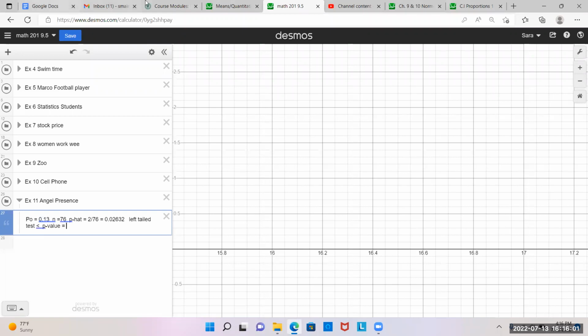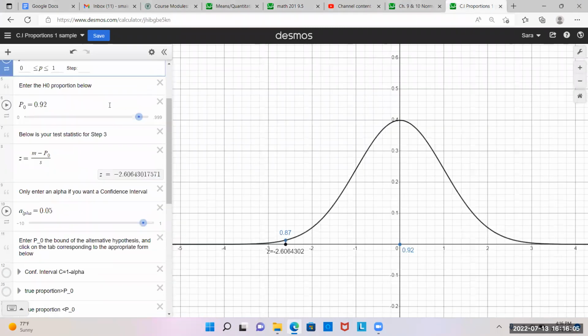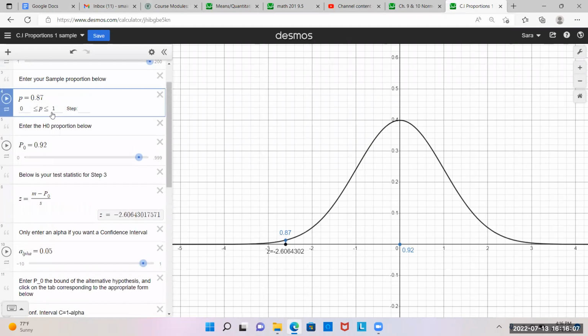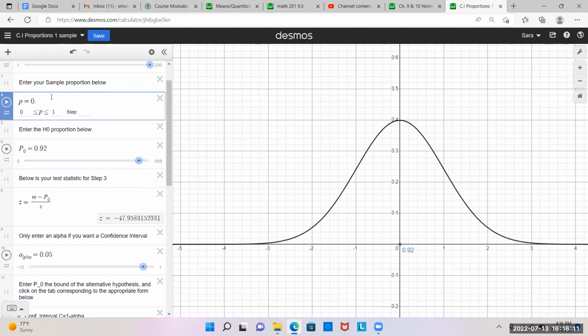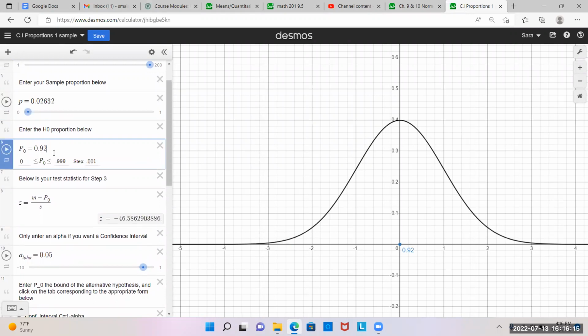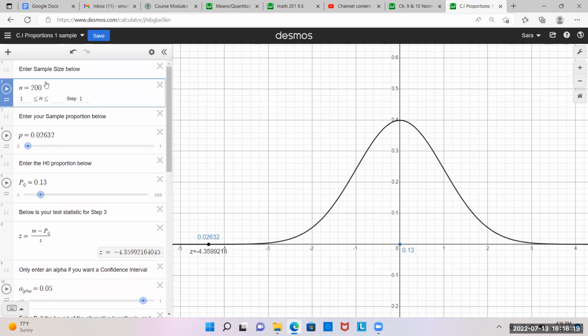Okay, so we're going to enter all this into the proportions one. 13%, and 76, 2.